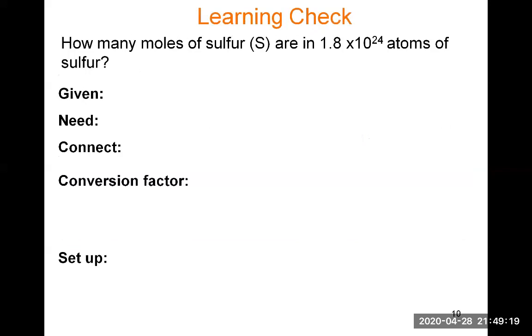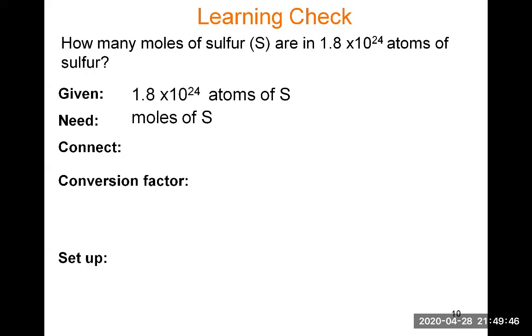Let's practice some more with this problem. How many moles of sulfur are in 1.8 times 10 to the 24 atoms of sulfur? So the given here is a number of atoms of sulfur, 1.8 times 10 to the 24th atoms of sulfur. The question is asking for how many moles that is.